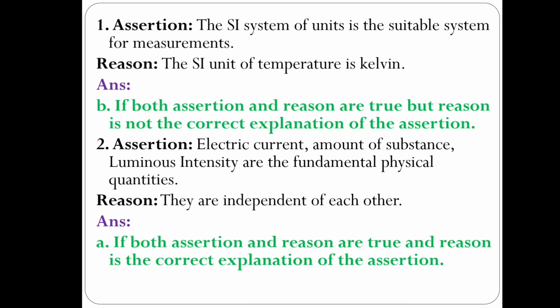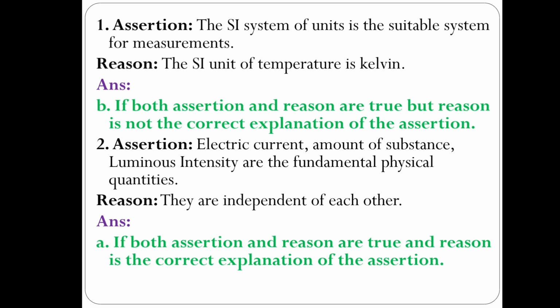Assertion. The SI system of units is the suitable system for measurements. Reason. The SI unit of temperature is Kelvin. So the statement, yes, SI system of units is suitable for measurements. So the statement is true. SI unit of temperature is Kelvin.